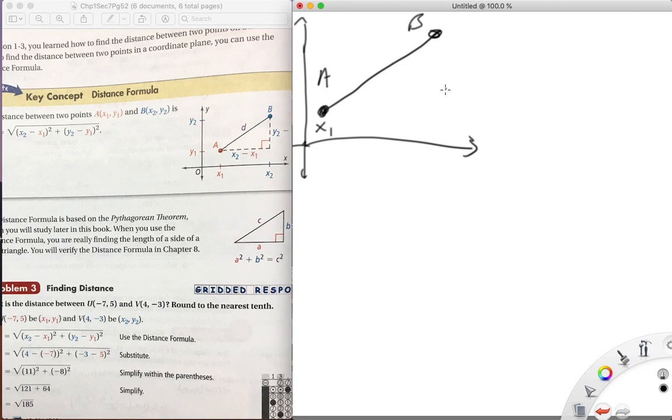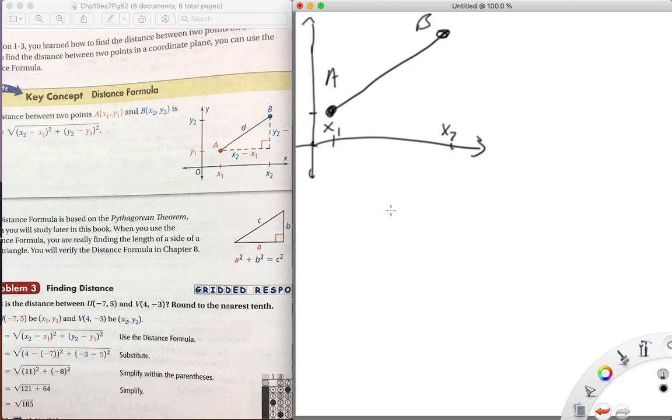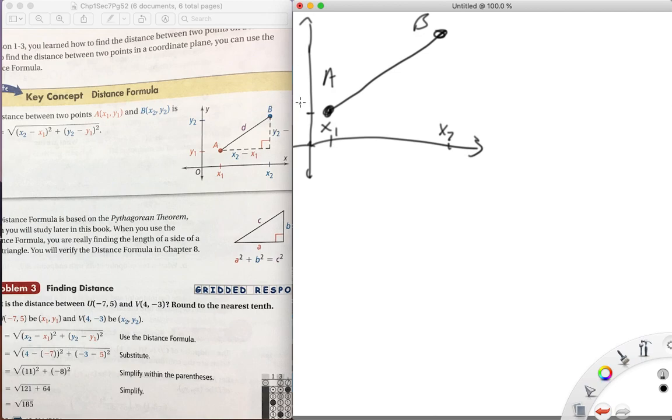This has an x coordinate of x2 on the number line. This also has a coordinate of y1 and some other coordinate here. Let's call it y2.